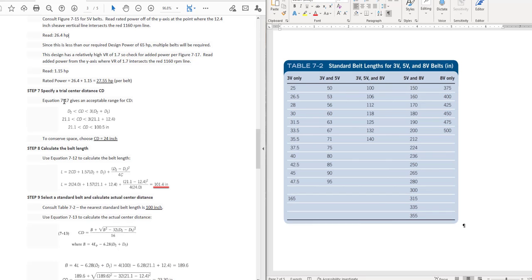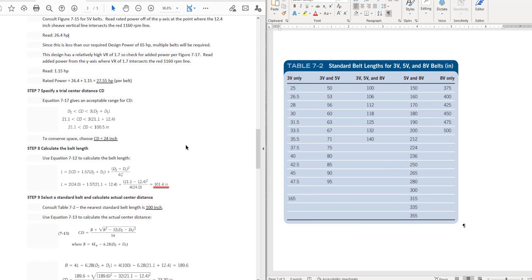We were given an equation for the center distance, an acceptable range for the center distance. When we calculated it for 717, we get anywhere from 21.1 to 100.5 inches between the centers. Any center distance CD in that range would be okay, but in this case we're going to keep our machine smaller, and we're going to select a center distance of 24 inches.